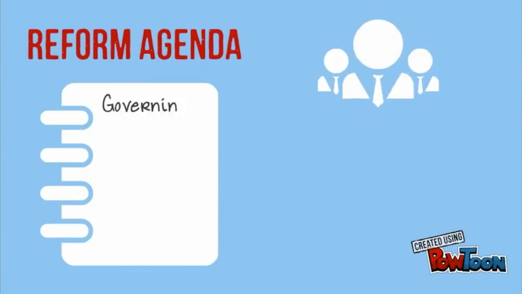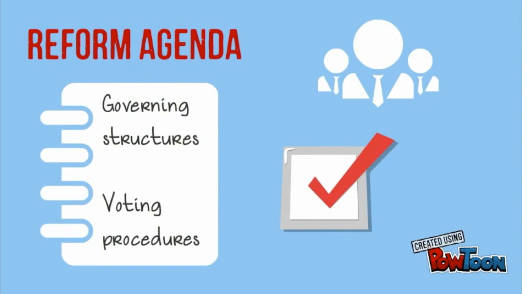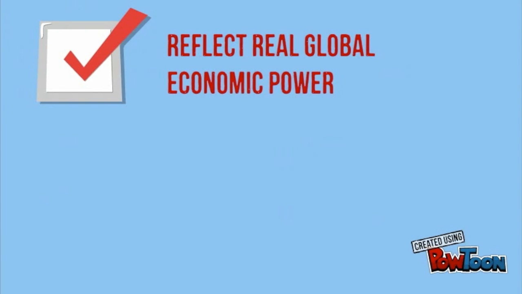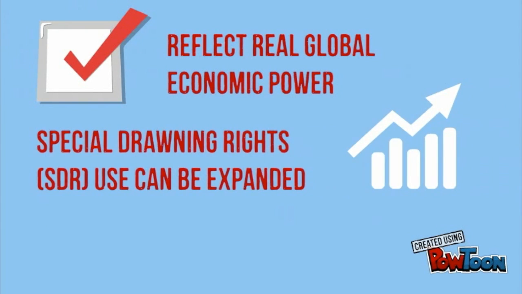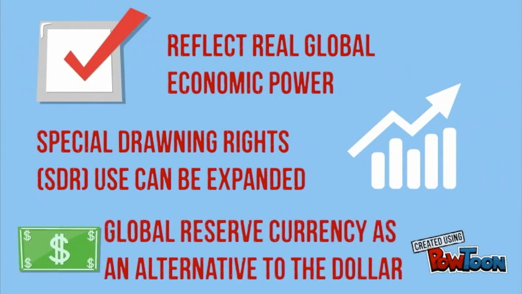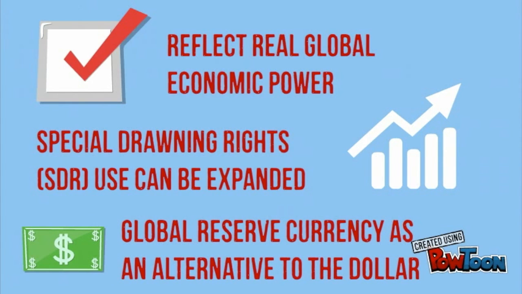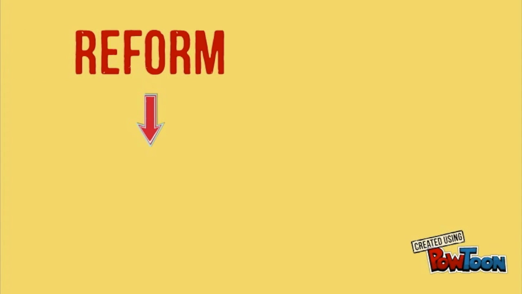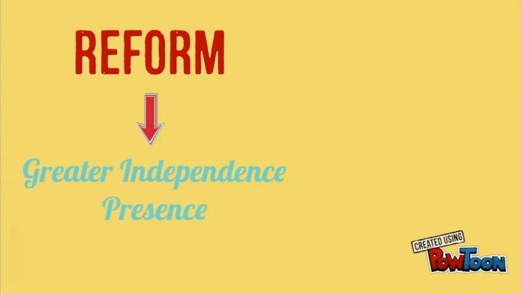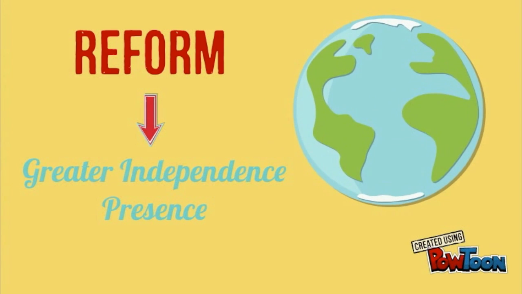The reform agenda has addressed changes in governing structures and voting procedures, so that voting rights can better reflect the changing balance of global economic power, special drawing rights use can be expanded, and a global reserve currency can be developed as an alternative to the dollar. Such a reform process can be understood as an attempt to articulate a greater independent presence as a global actor.